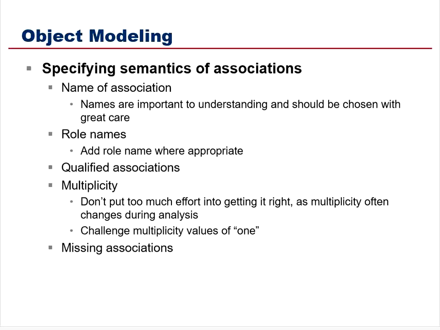Again, with this we use the qualified association and multiplicity, and also the missing association. So this is the semantics of the association that we need to specify whenever we use the association between two objects or two classes. So we specify the name of association, role name, qualified association, multiplicity, and missing association.